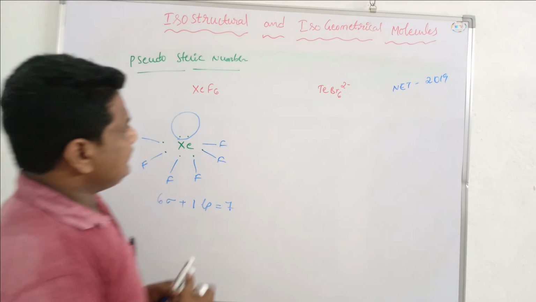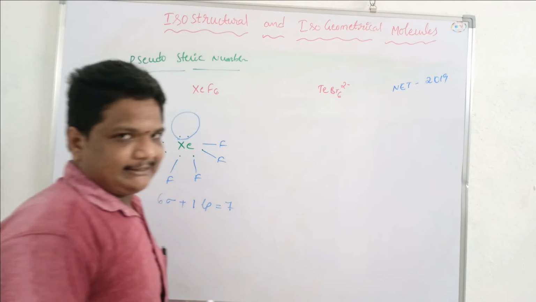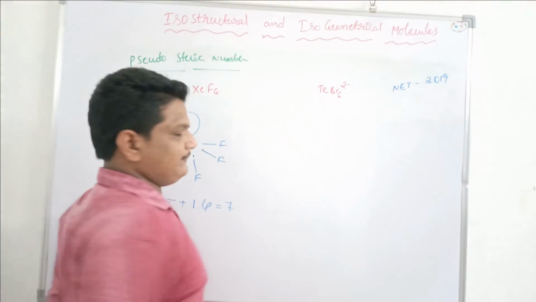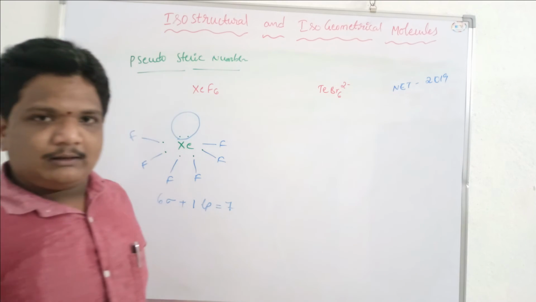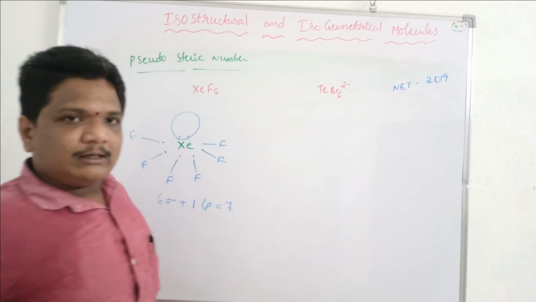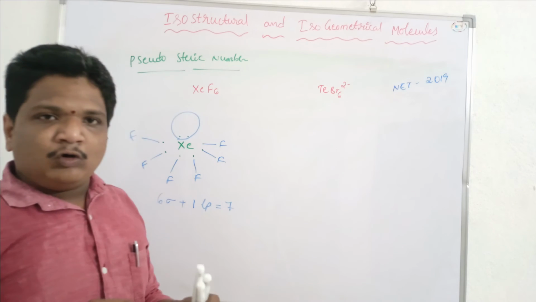Okay, so here in the case of TeBr6 2 minus, these 2 electrons are on the central atom, because bromine is monovalent.